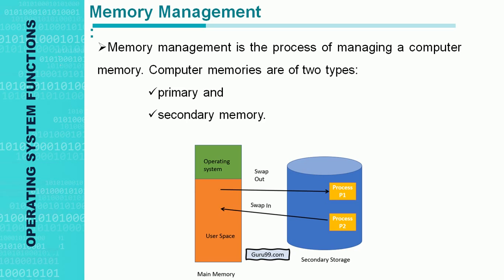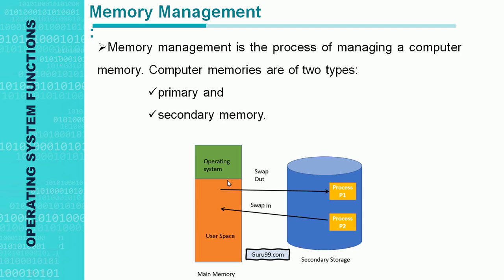First, let's take memory management. Memory management is the process of managing a computer's memory. Memory is of two types, primary memory and secondary memory. The memory portion for programs and software is allocated after releasing the memory space. The main memory is called RAM, and the secondary storage is called hard disk.